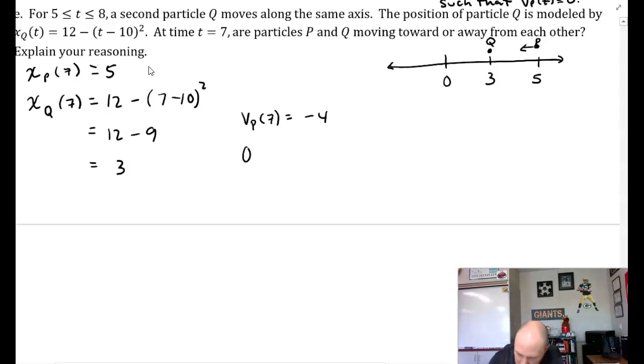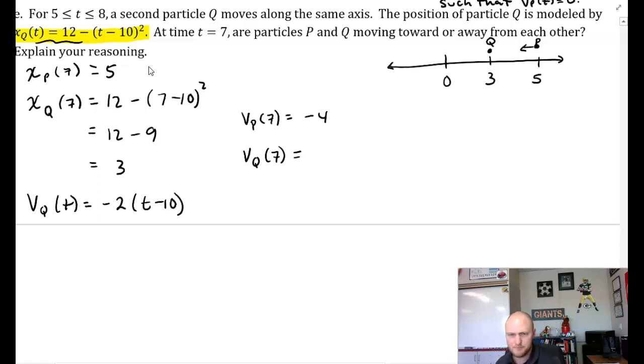So then I'm going to say, okay, what is v sub q of 7? Well, in order to know what v sub q is, I have to go ahead and take a derivative. So I need the derivative of position. Here's position. The derivative of that is going to give me the velocity of q. So that would be -2 times t minus 10.